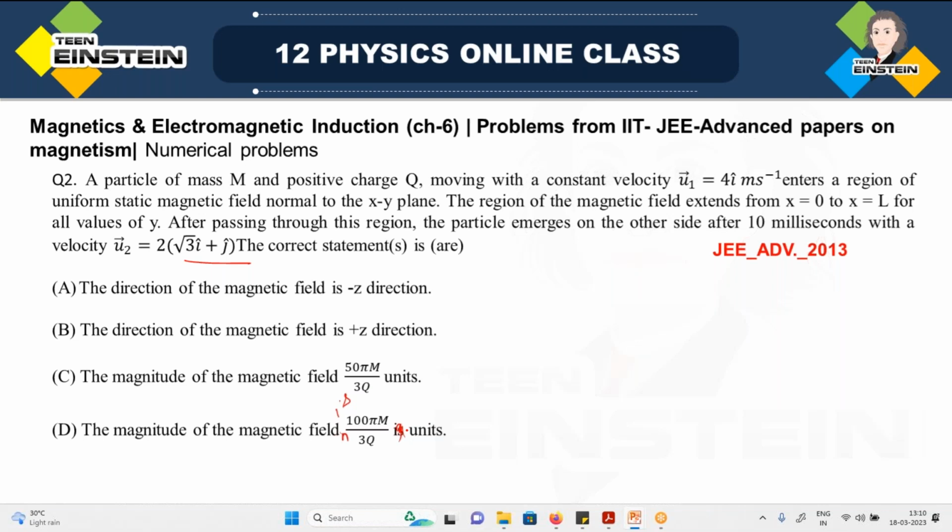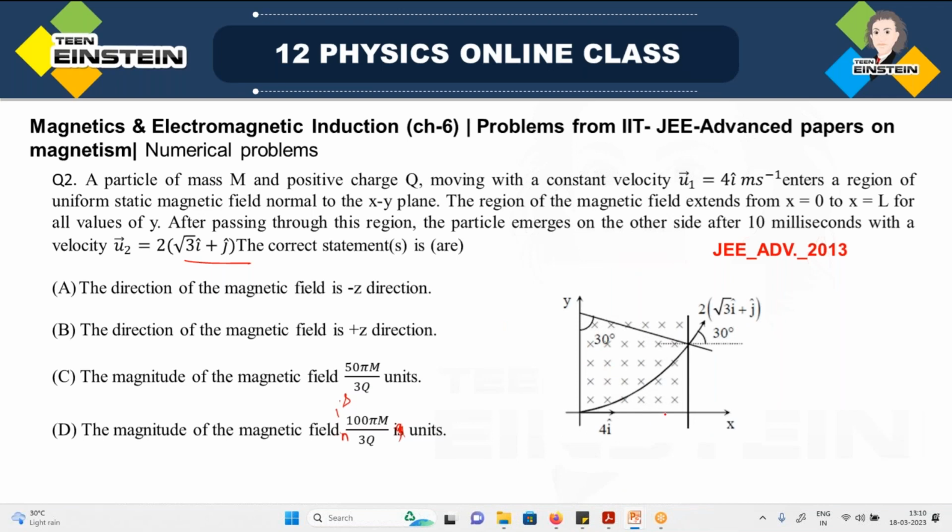Look here, one thing we have to understand. We can intuitively draw this figure. In the xy plane there is a region with a uniform magnetic field, perpendicular to the xy plane. This is the velocity with which it started. It started moving like this, and since there is a magnetic field perpendicular to the xy plane, it will undergo circular motion.